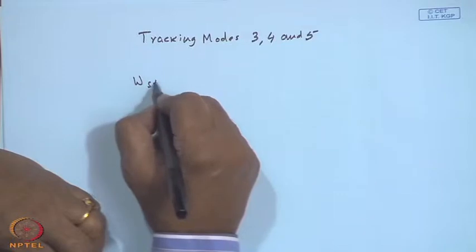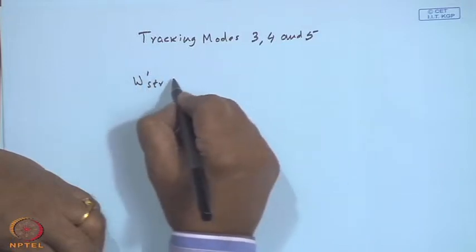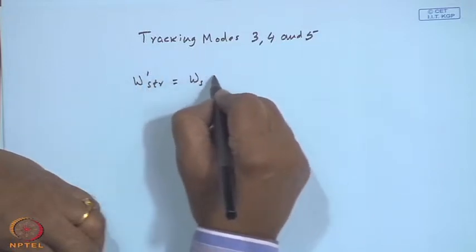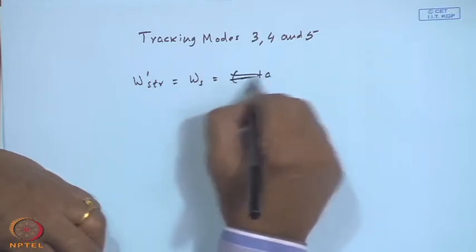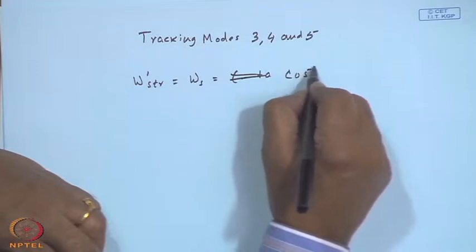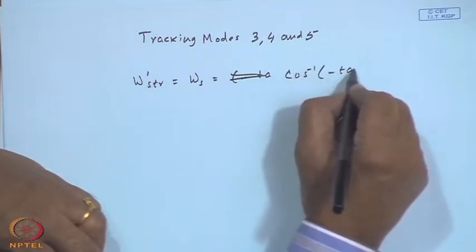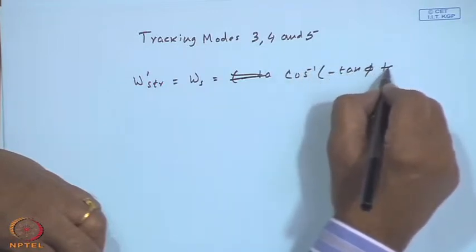Consequently, my omega S TR single dashed should be the same as omega S, equal to cos inverse of minus tan phi tan delta.